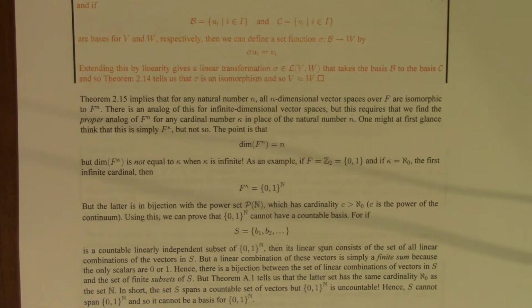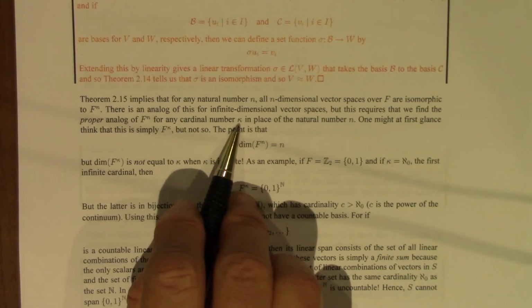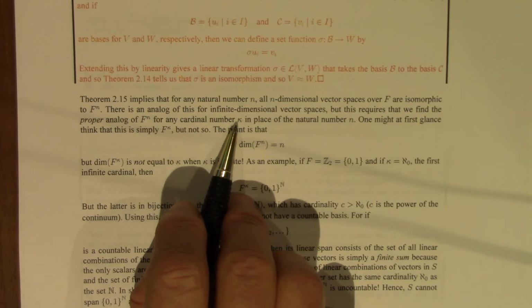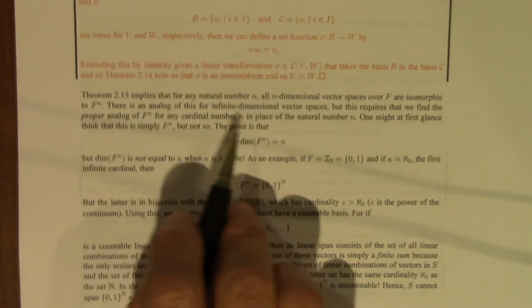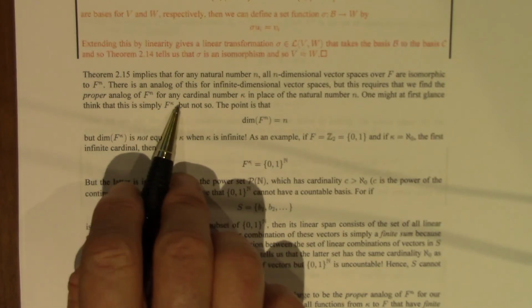There is an analog for vector spaces of arbitrary dimension kappa. So kappa could be a finite cardinal, in other words, a natural number, or it could be an infinite cardinal. Now one might think at first that the analog of F^n ought to be F^kappa.